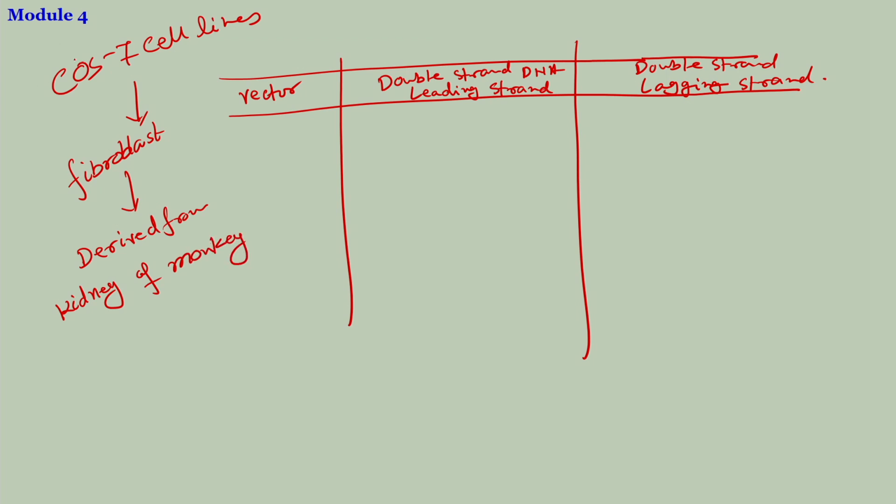That is in general the COS cell lines. COS cell lines are fibroblast cell lines obtained from the kidney of a monkey. COS-7 particularly is obtained from the kidney of one particular kind of monkey, the South African monkey. So, this is the cell line, and with that cell line people have studied the frequency of mutations occurring within these cell lines.